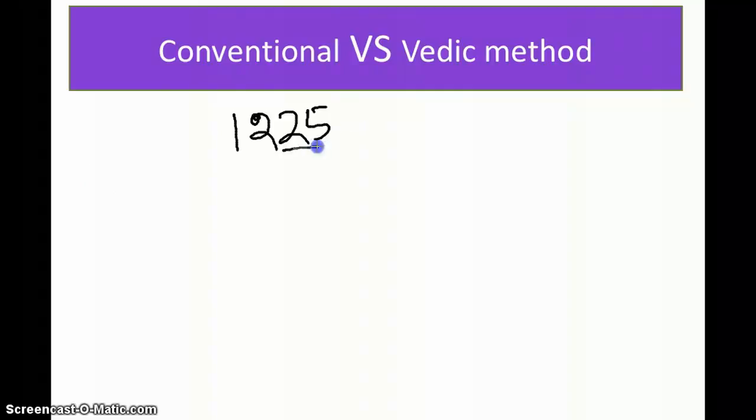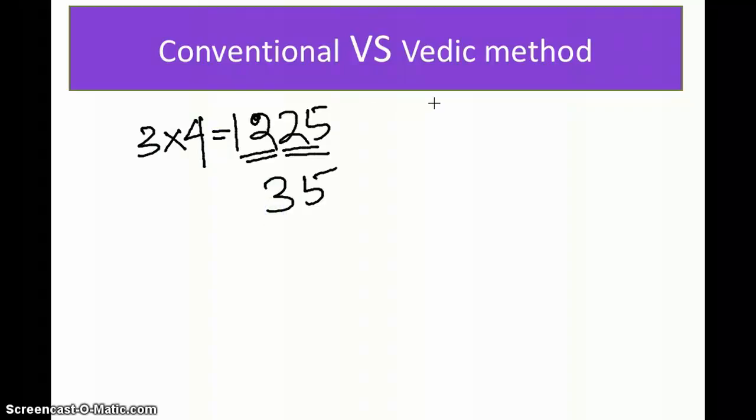As soon as you get 25 on this side, put 5 here. Next, for the remaining number, try to find whether you can multiply any two consecutive numbers to get it. Yes, it is 3 into 4, that is 12. As soon as you make out that it is 3 into 4, put 3 here. That's your square root.